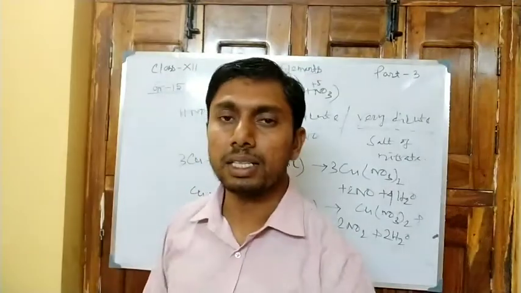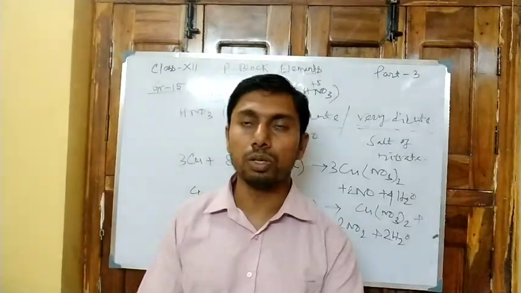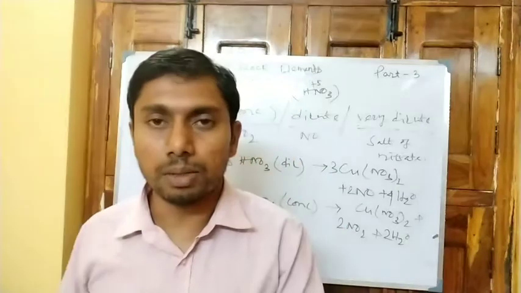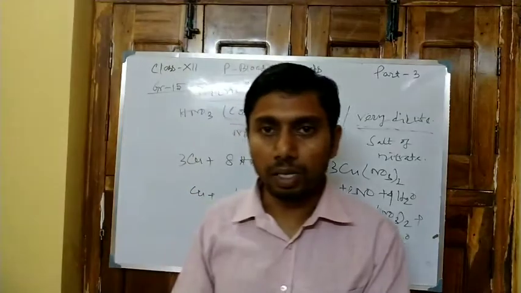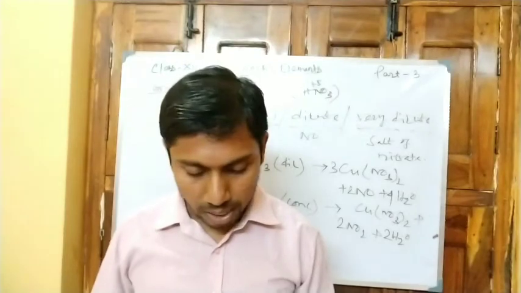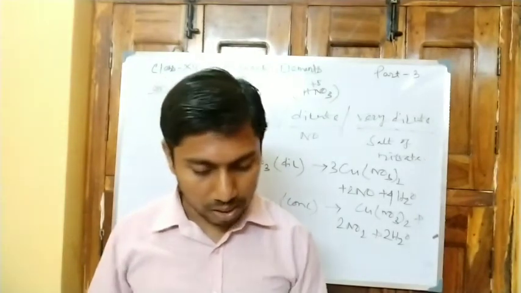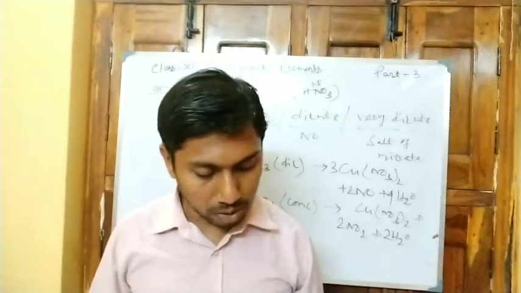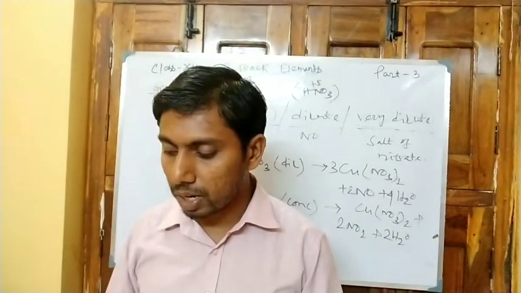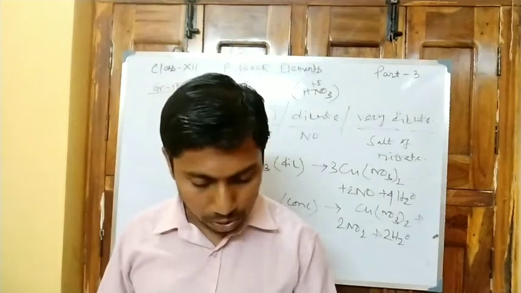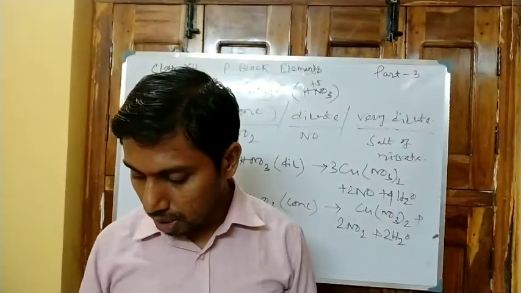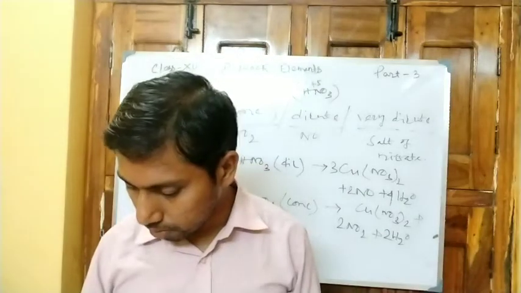Now, as nitric acid is an oxidizing agent, it can also oxidize the non-metals in concentrated form. That is, phosphorus and sulfur are oxidized in concentrated HNO3. So we have to study the reactions also, and it is given in your NCERT textbooks, that is, when sulfur reacts with HNO3, when phosphorus reacts with HNO3, and so on.